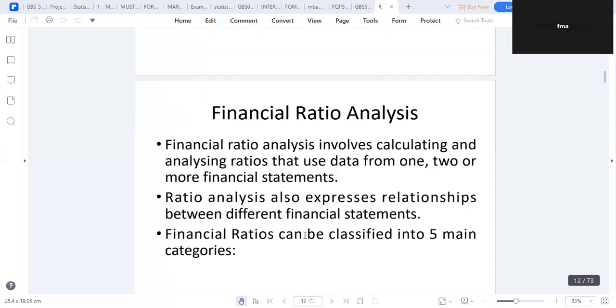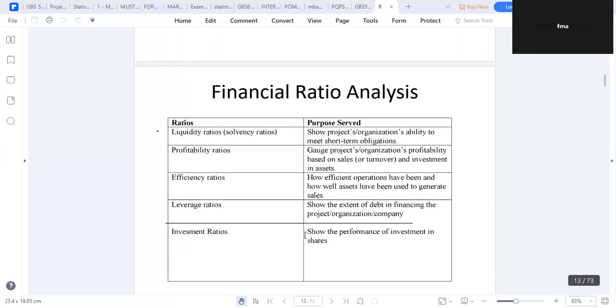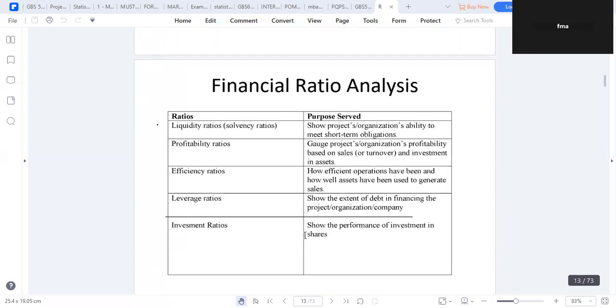So financial statement analysis basically involves us calculating ratios using data from one or two or more financial statements, expressed as relationships. So financial ratios fall into five main categories. Number one, we have the liquidity ratios.